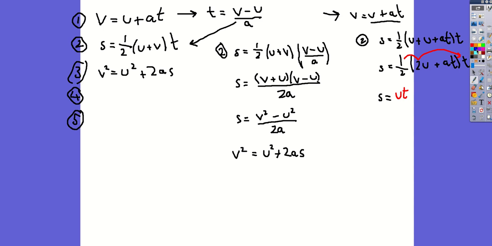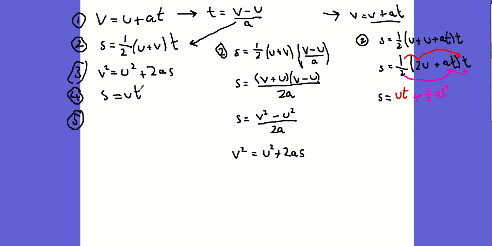And then for the second term, I've got a half times at times t. And that's going to be plus a half a and then t squared. So there's our fourth equation. So I'm going to add that over here. S equals ut plus a half a t squared.